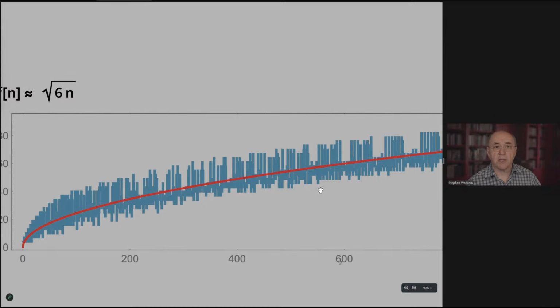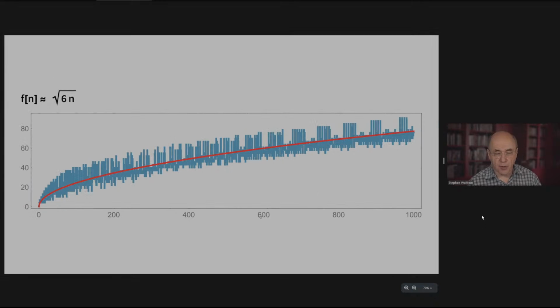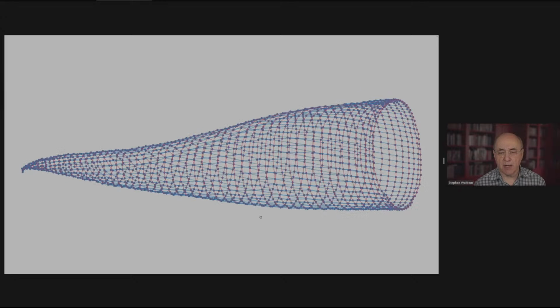So one thing this means is that our evaluation graph, the graph of how f of n depended on f of smaller values of n, eventually has a roughly conical form. And this can be compared to the very regular cone that we get from P111, which has asymptotic value square root of 2n.